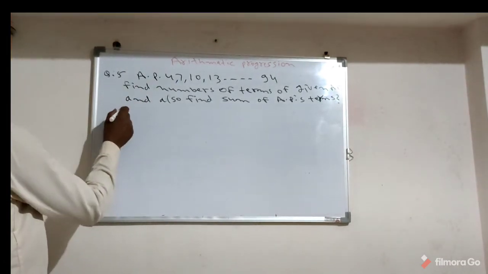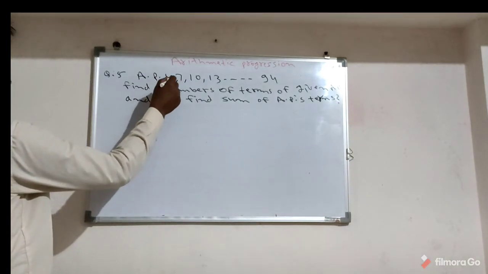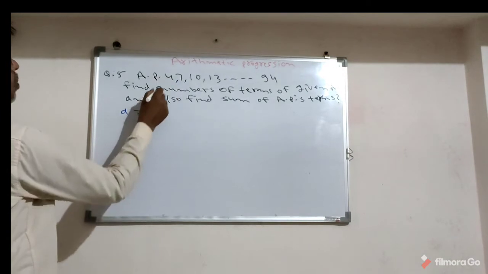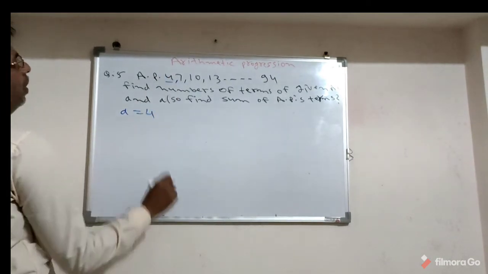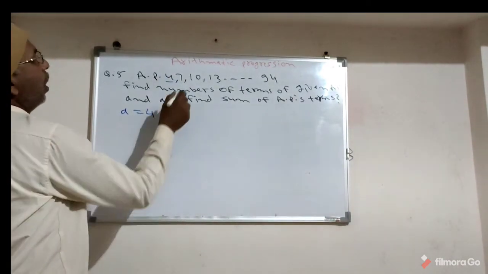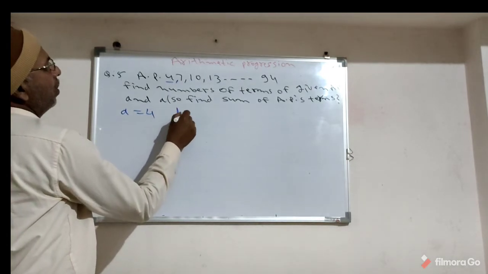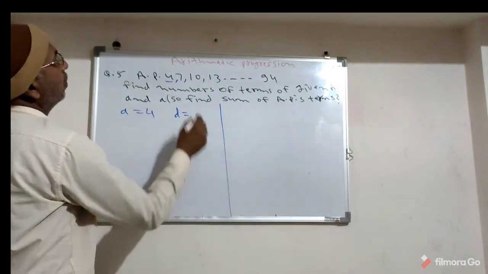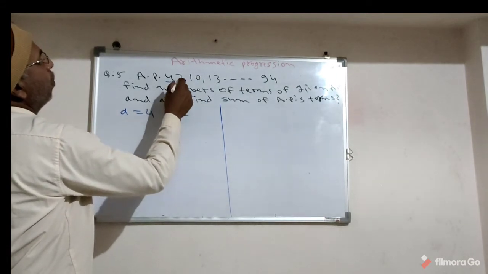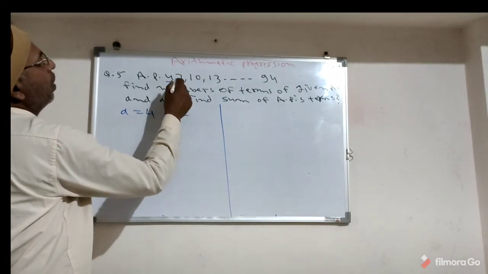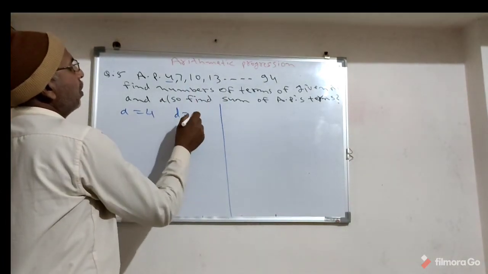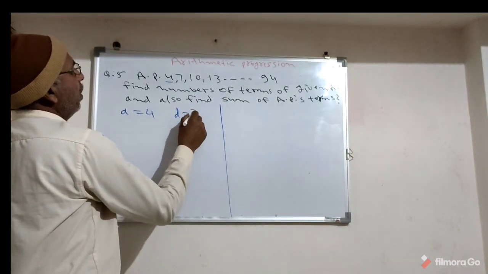So here, the first term of the AP, a, is 4, and the common difference d, how much? 7 minus 4 is 3, 10 minus 7 is 3, 13 minus 10 is also 3, therefore the common difference is 3.